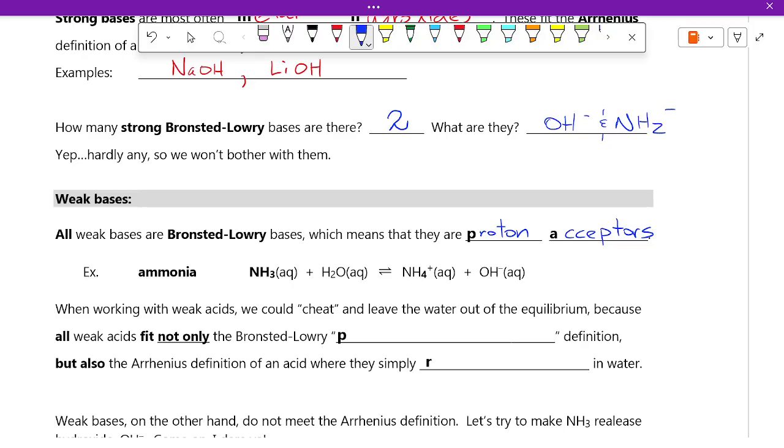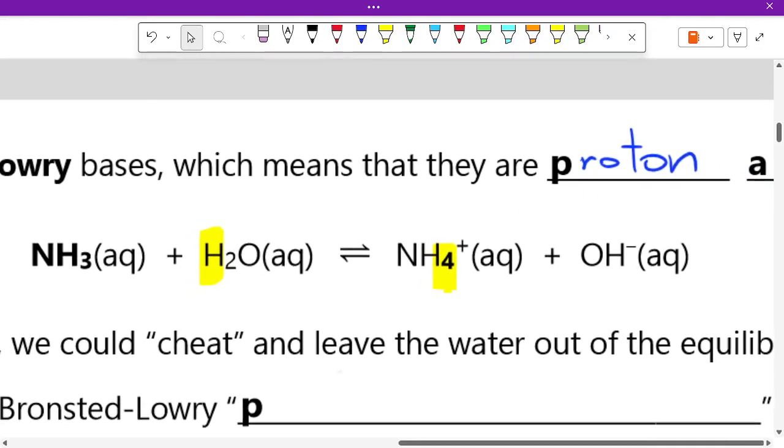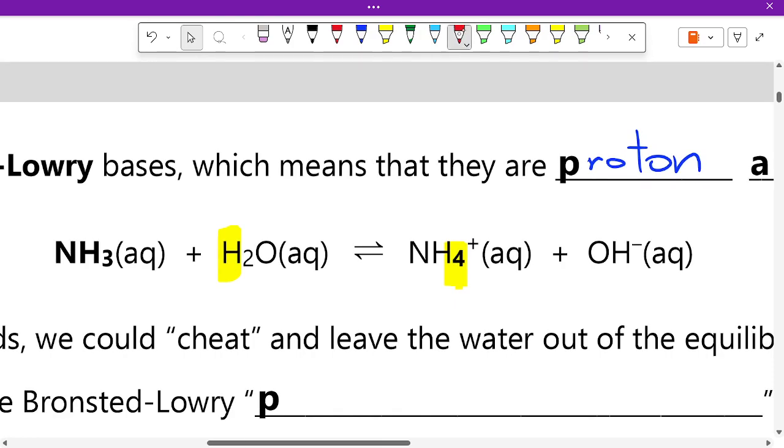And ammonia is one of the most famous weak bases. Okay, and you can see a hydrogen comes off of the water and it transfers itself over onto the NH3, and we end up with our extra H there. Okay, and then water is left as OH minus.